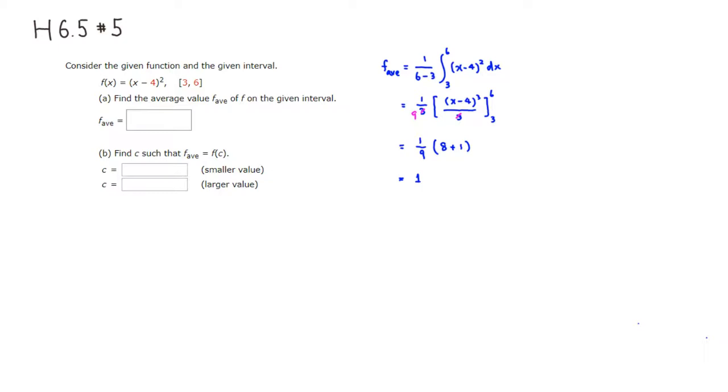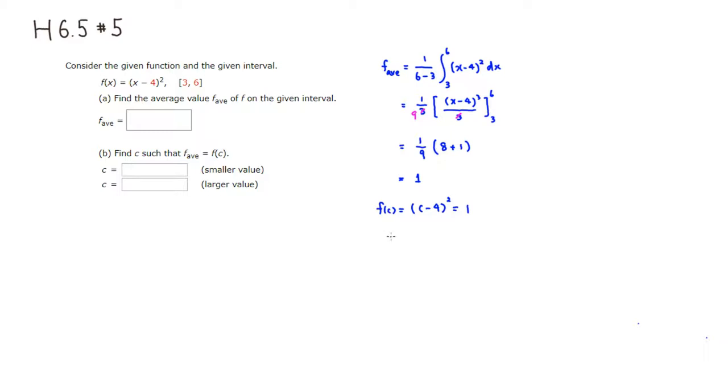So we want to find the C values. It seems like there are 2 values such that f of C is equal to the average value, which is 1. So f of C is equal to C minus 4 quantity squared, and we want this to be equal to 1.